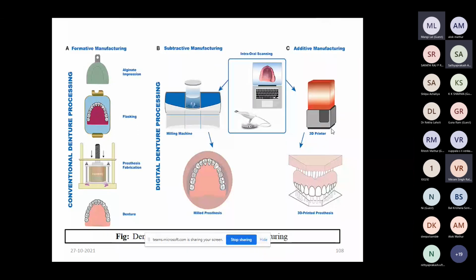Okay, this can also be done by subtractive manufacturing with the help of a small milling machine. But this is done with intraoral scanning. First of all, scanning of your intraoral space is done with the help of a scanner. Both the formative and subtractive manufacturing can be replaced by an additive manufacturing technique. With additive manufacturing, this is simpler, more time saving, and more cost saving, we can say, for the dentist and also for the customer.